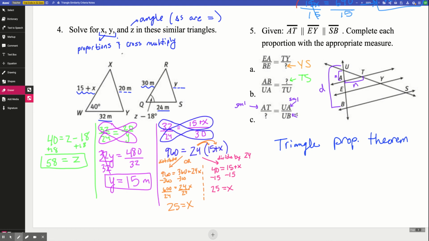And then UB was the same side in the larger triangle, the largest triangle. So that means this question mark also has to be in the largest triangle. So it's that same side, it's that bottom side in the largest triangle. So that is BS. So my final answer here is BS.